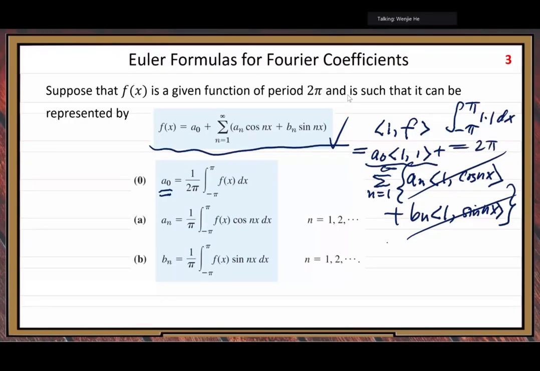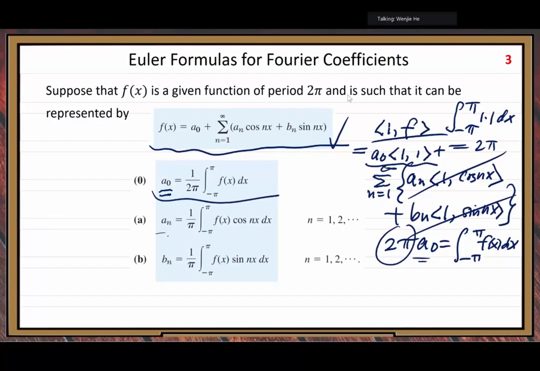So you get 2 pi times A0 equals the inner product between 1 and f, which is the integral from negative pi to pi of f of x dx. Then you divide by 2 pi, and you get A0.